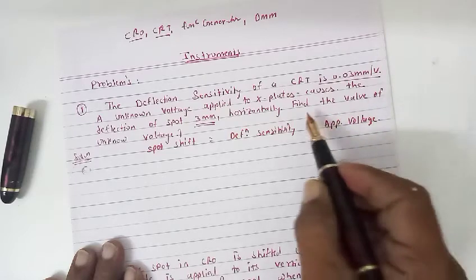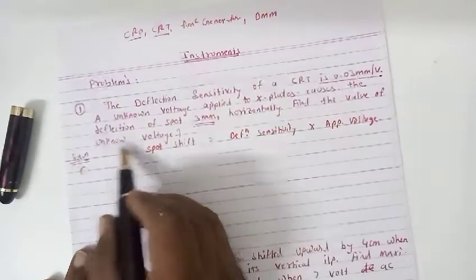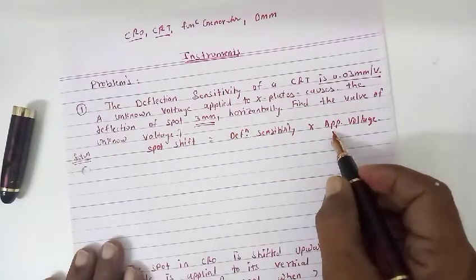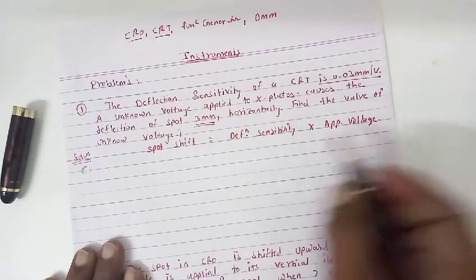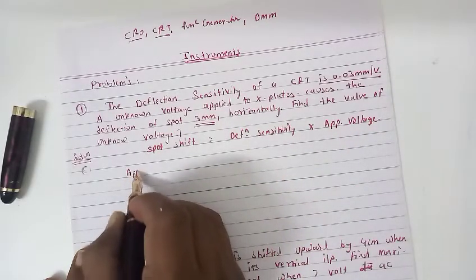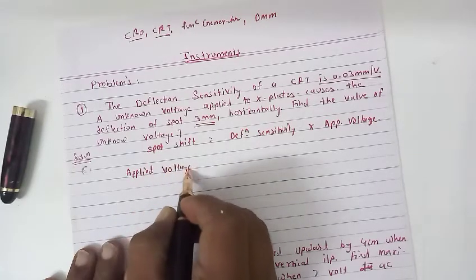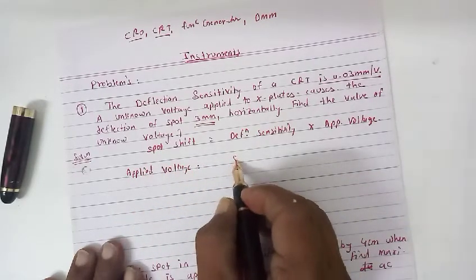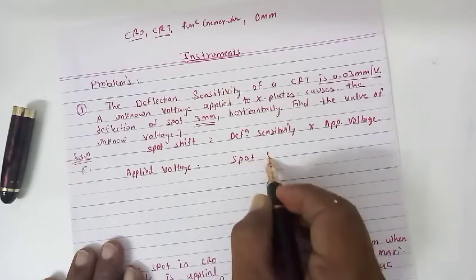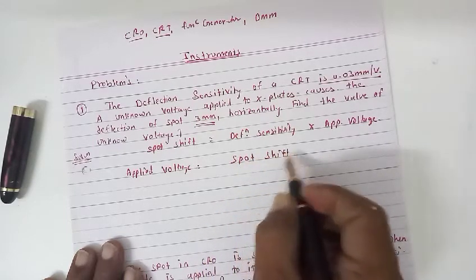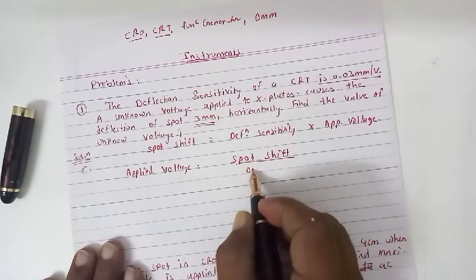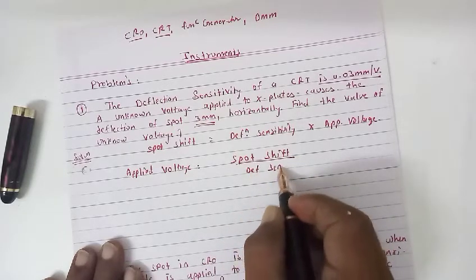We have to find the value of the unknown voltage, which means the applied voltage. So the applied voltage is equal to spot shift divided by deflection sensitivity.